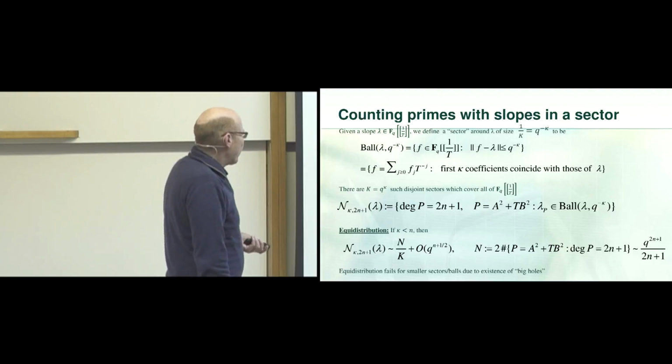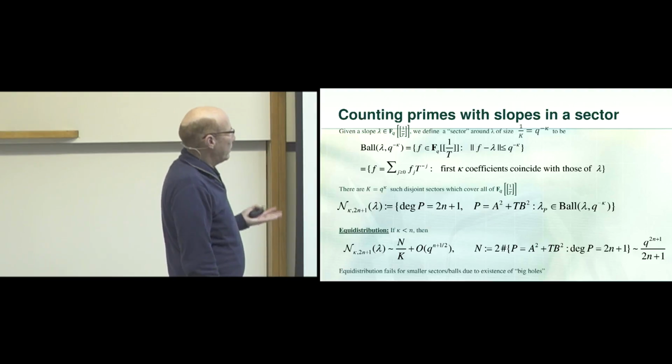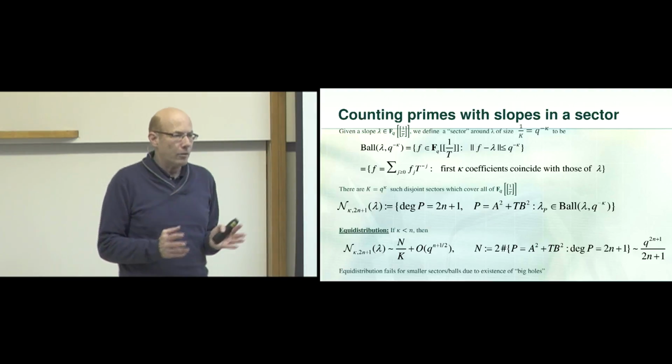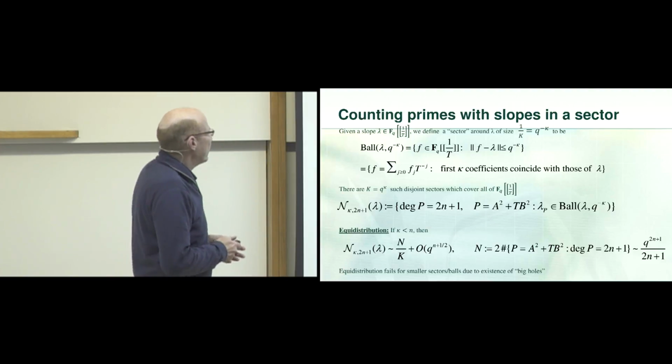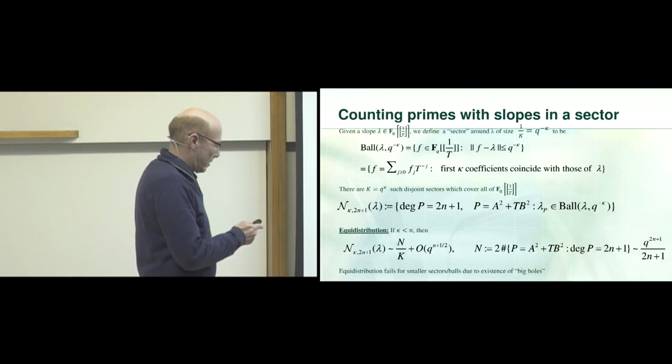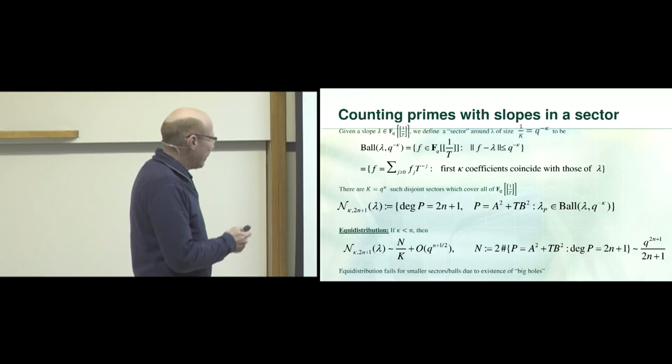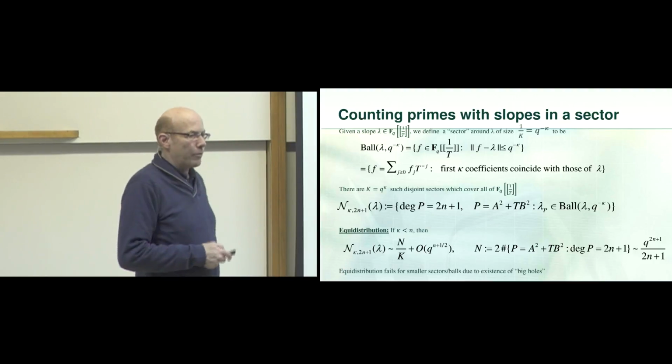Then the first thing you check is that you do have equidistribution. Each sector will contain roughly the same number of slopes as long as the number of primes you're dealing with is bigger than the square of the number of bins.